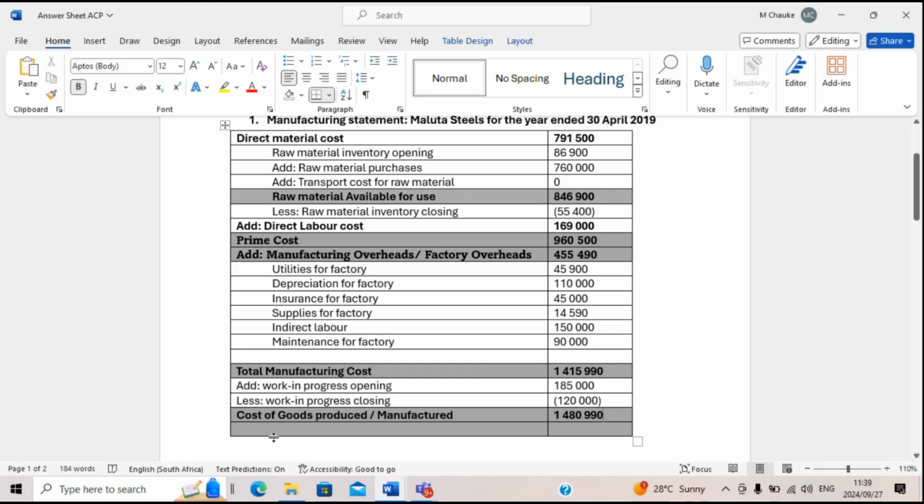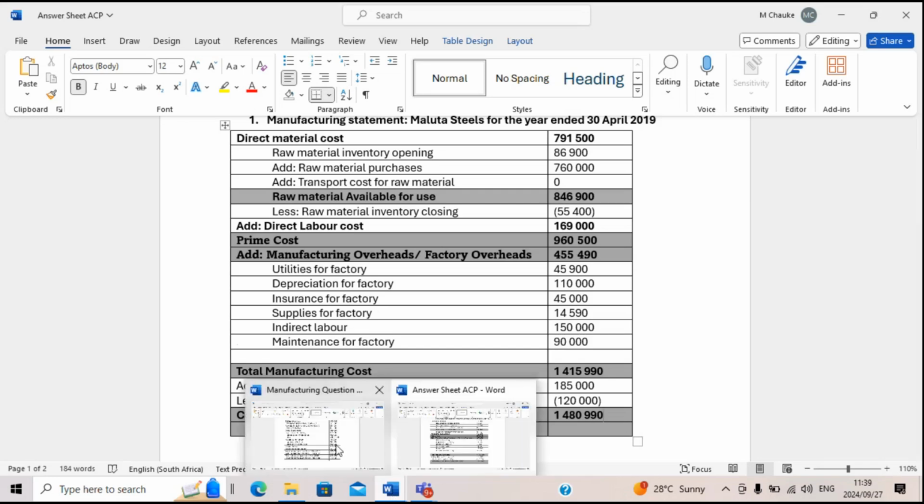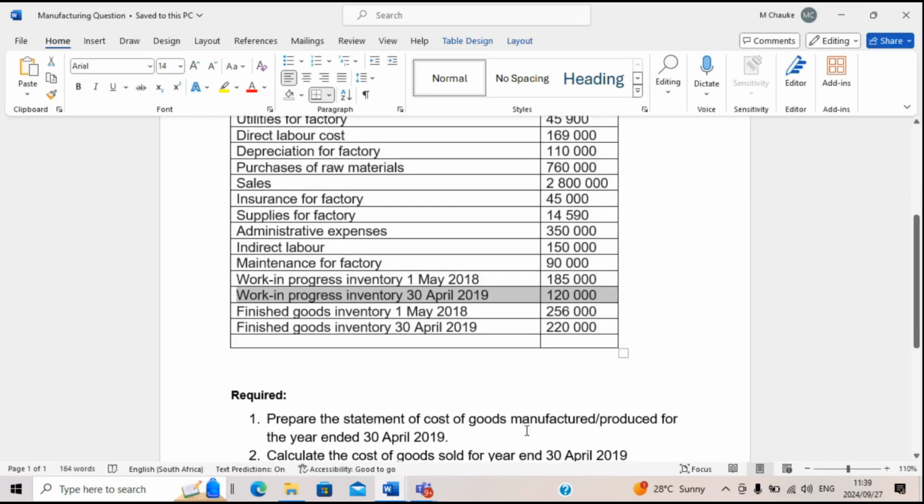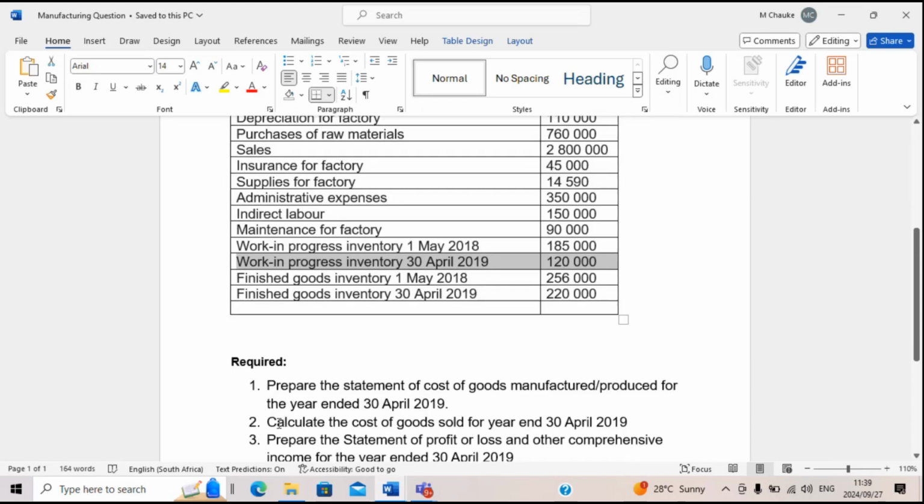That is how we calculate our cost of goods manufactured according to the question as per requirement there, right? Number one, we are done with it. Now we have to go and calculate the cost of goods sold.